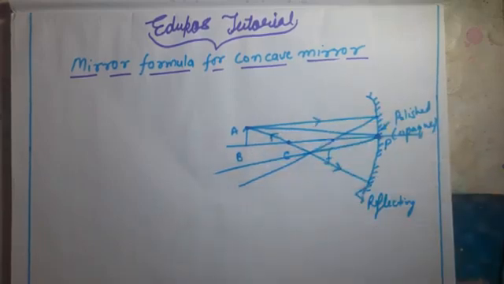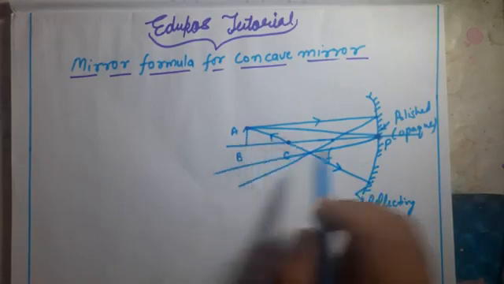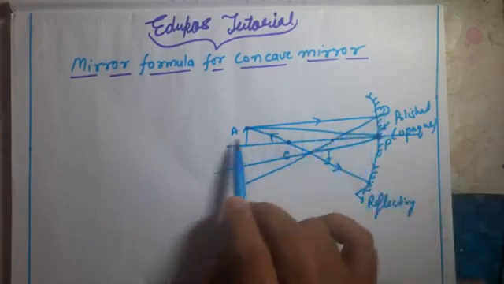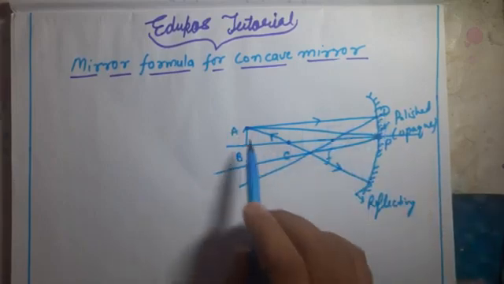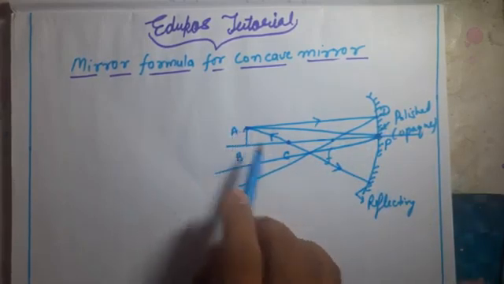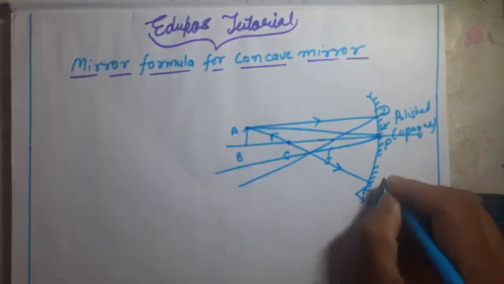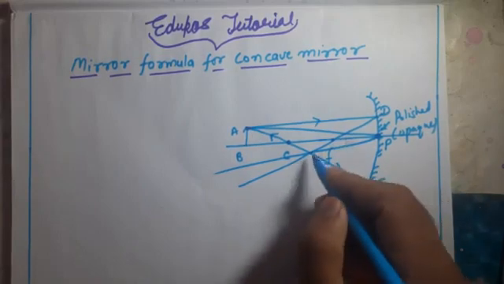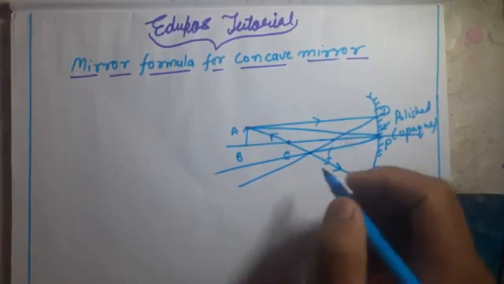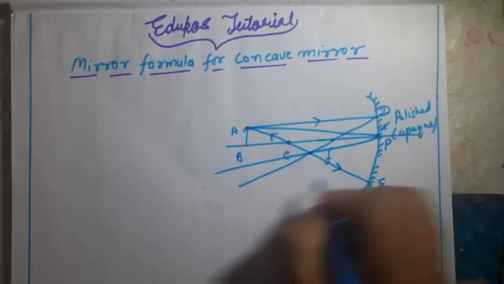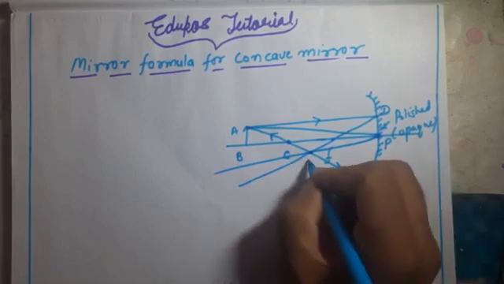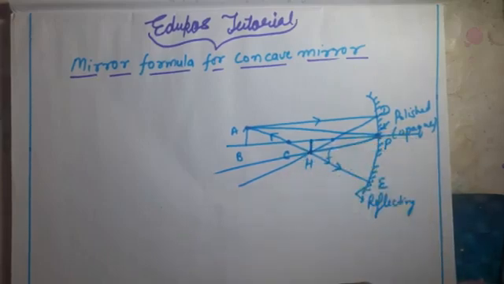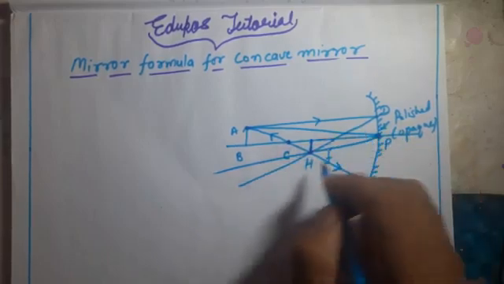Okay, so here all these rays AD, AP and AE are passing through a point, or crossing each other at a point, let us rename it H. So this point where all these rays meet forms the image.